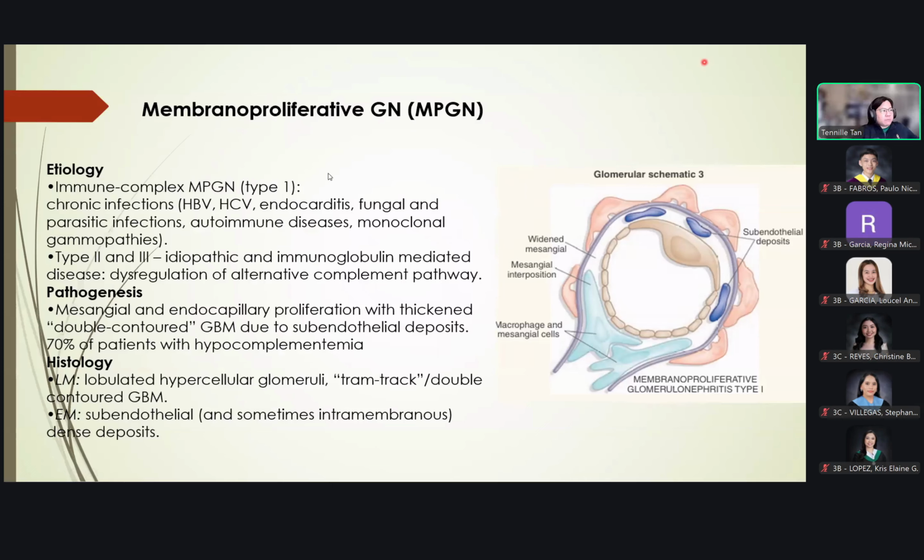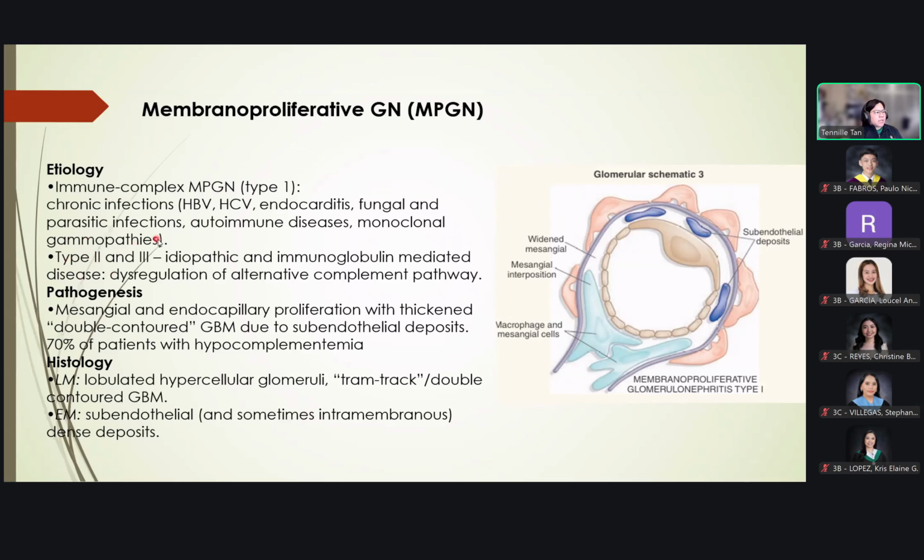So we have your membranoproliferative GN or MPGN. You have your immune complex MPGN or type 1. It's usually related to patients with chronic infections, so hepatitis B, hepatitis C, endocarditis, fungal and parasitic infections, autoimmune diseases, and monoclonal gammopathies.